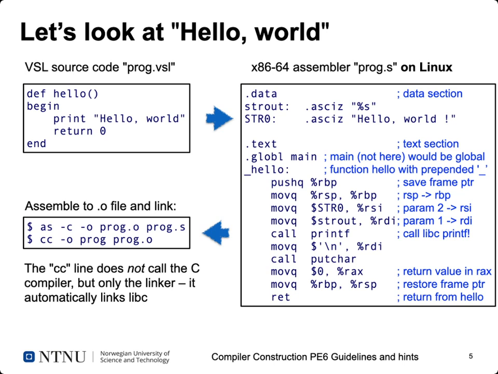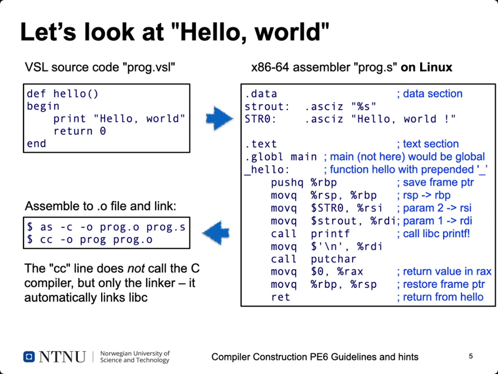In order to assemble this to an object file and link it, we can call the assembler separately. So we generate proc.o from our .s assembler source file. This is our linkable object file. This is not directly executable.